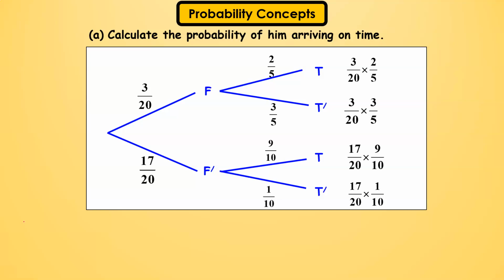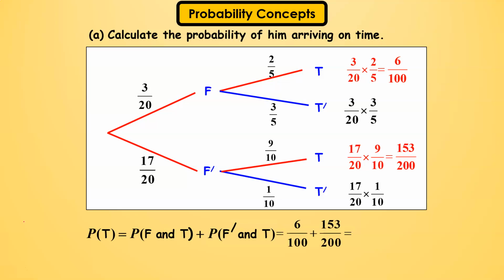So the probability of him arriving on time must be that branch: it's foggy and he arrives on time, or it's not foggy and he arrives on time. And we can add those together and we end up with 165 out of 200, which simplifies to 33 over 40.